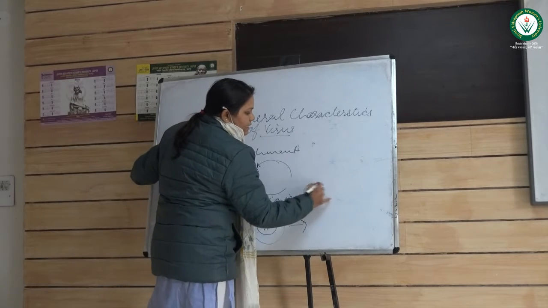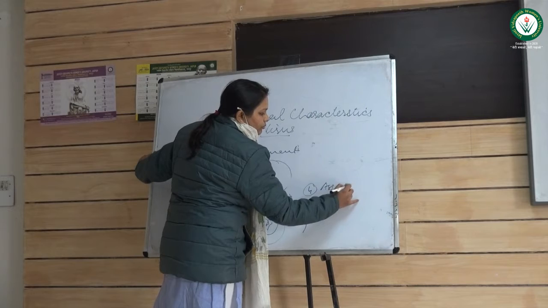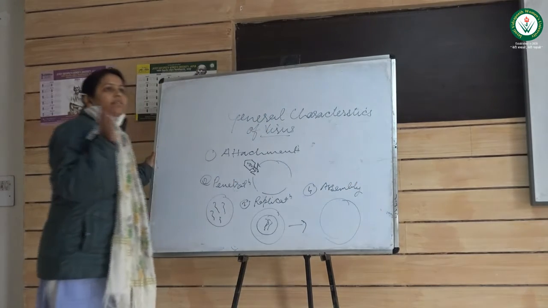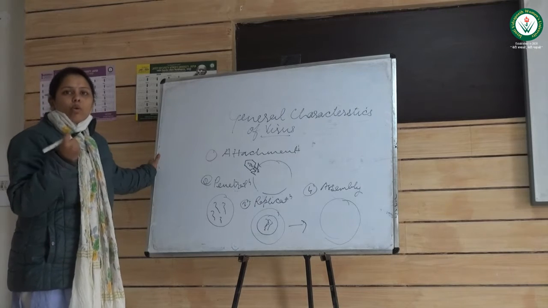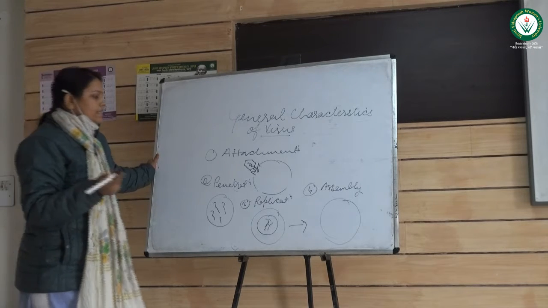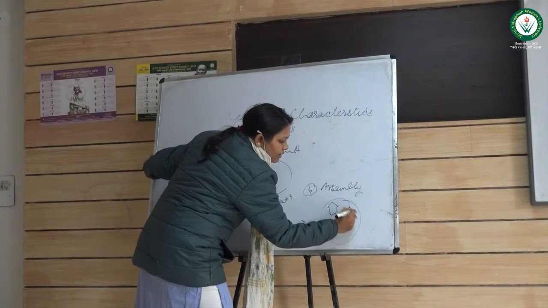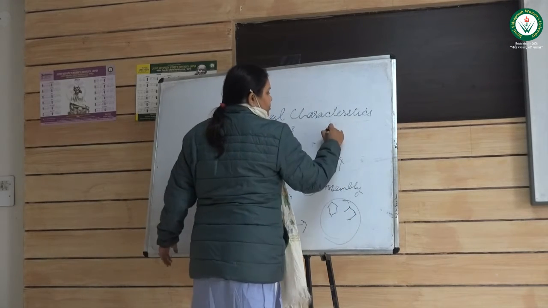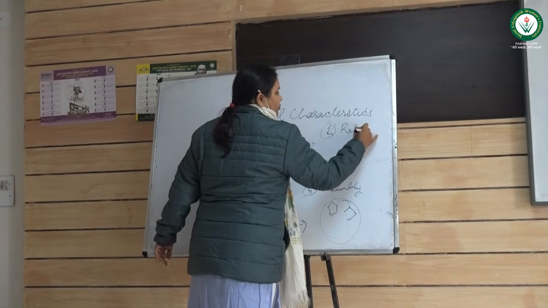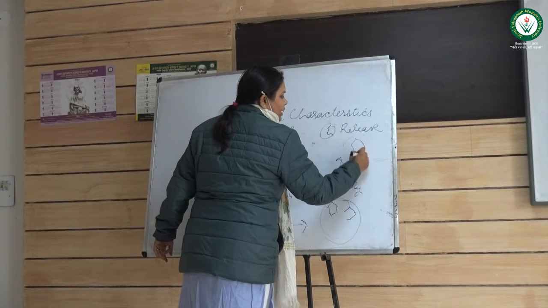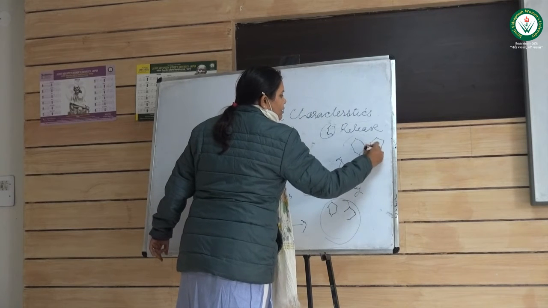Then fourth is assembly. Here the virus uses the host nutrients and assembles all its particles. The last one is release, where it generates its progeny and releases them inside the blood cells.